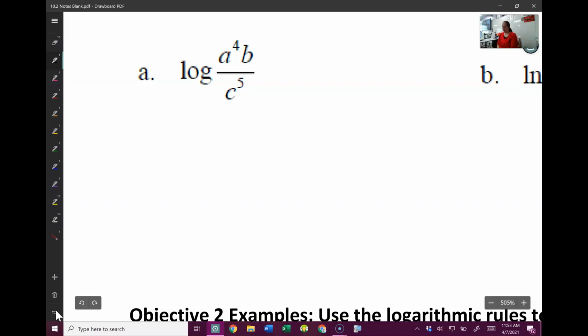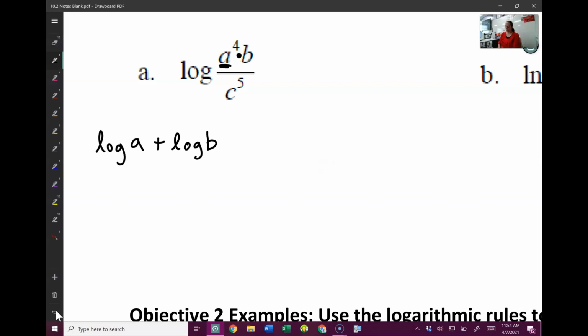So right now I have log, let's move it over, of A. There's my A. Now I think, what is the A doing to the B? Is it adding, subtracting, multiplying, or dividing? Well, they are multiplying. So I'm going to change that into adding log B, because that's my rule.